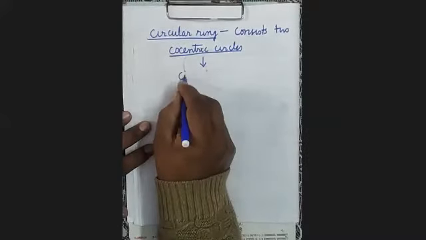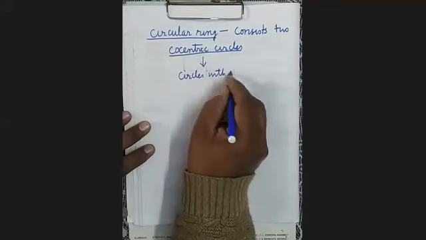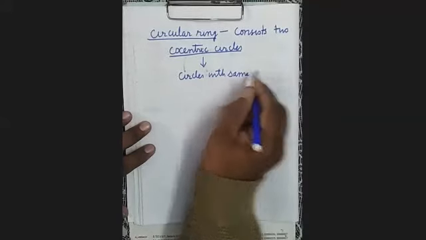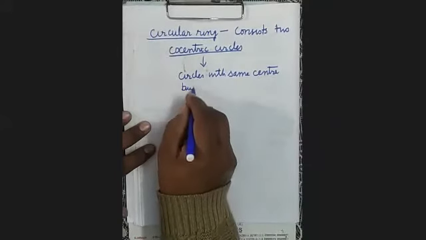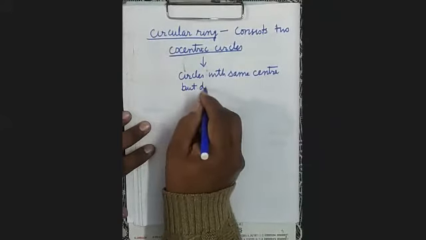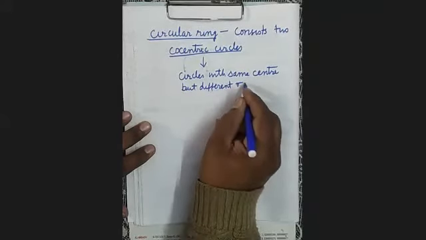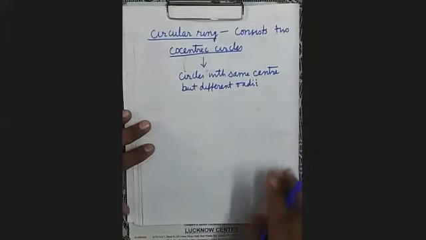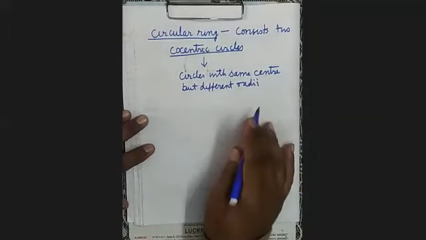Circles with the same center but different radii. Circles having the same center but different radii.